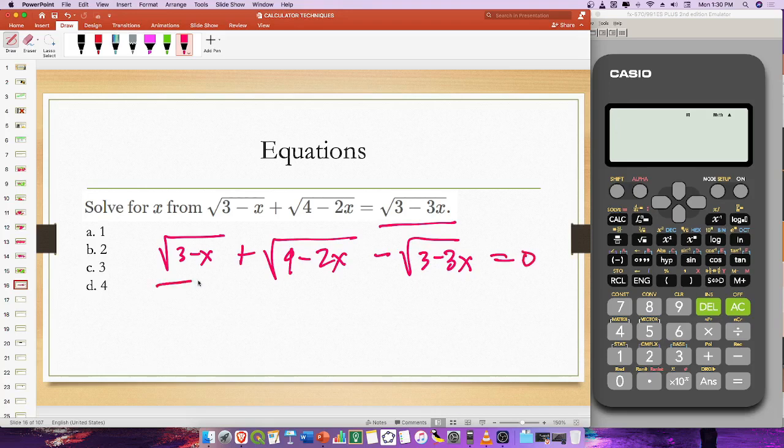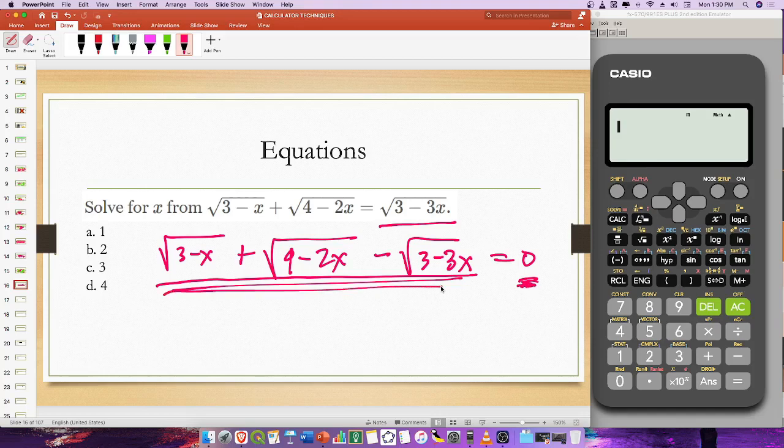Now our goal here is to substitute the value of x. The goal is to find what value of x will make this expression 0.